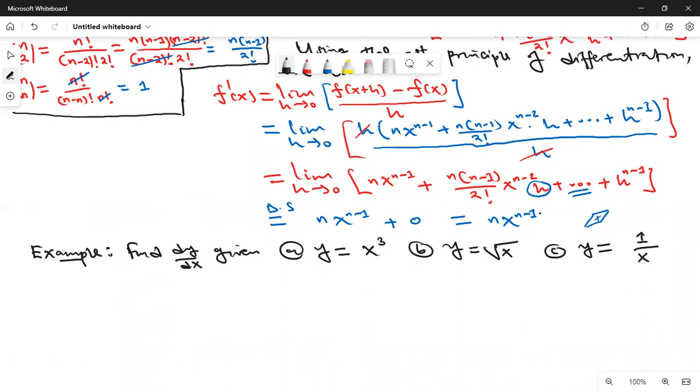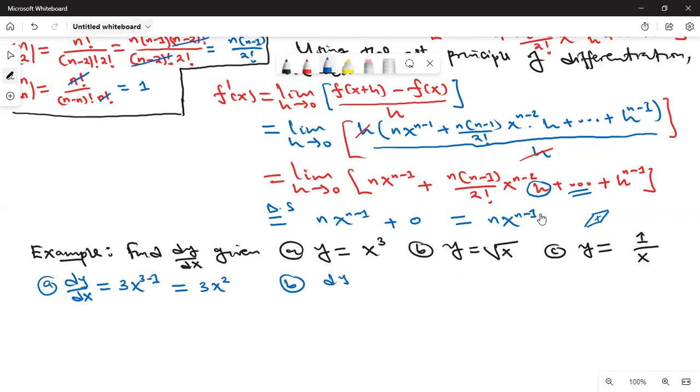So let's work out those ones. Solution. In part A, dy dx will be equal to, you bring down the power which is 3, then x raised to 3 minus 1. And so this should give us 3x squared. That's the answer.